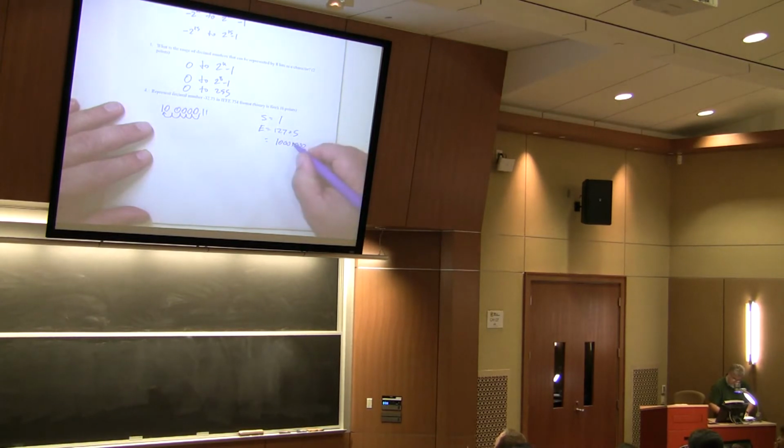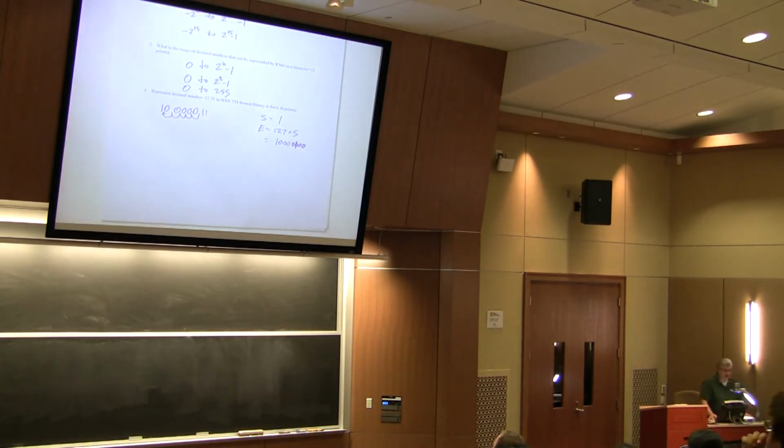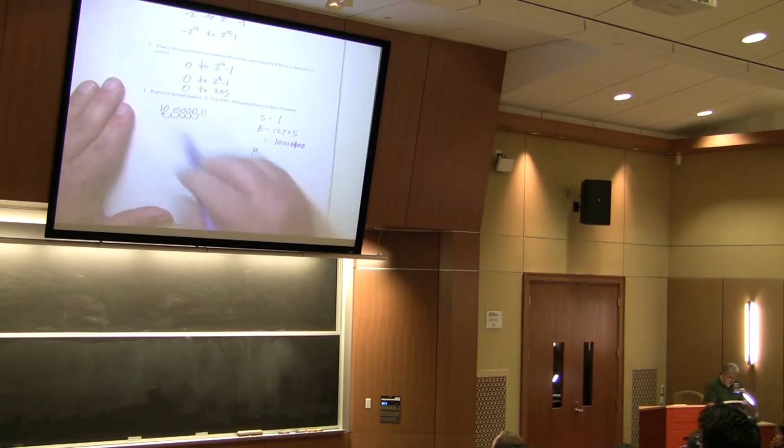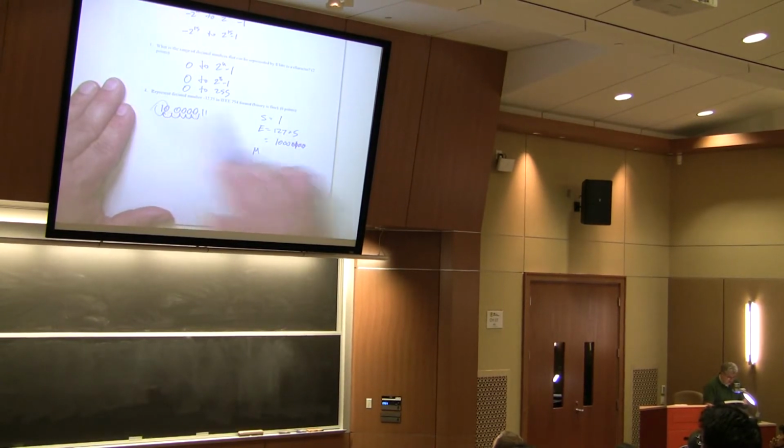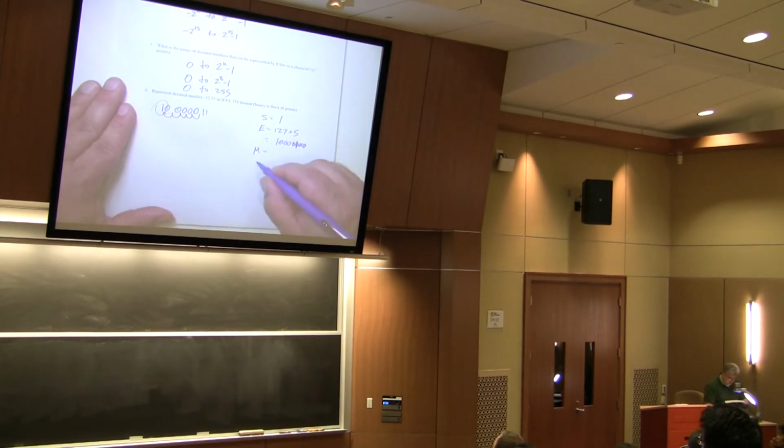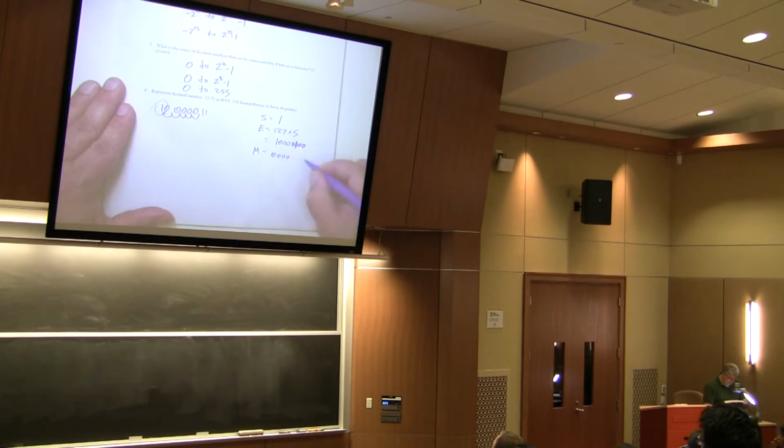Oops, I got too excited there. And then our mantissa, remember the leading 1 is assumed, so it is 1, 2, 3, 4, 5 zeros followed by 1, 1, 0, and then followed by a whole bunch of zeros.